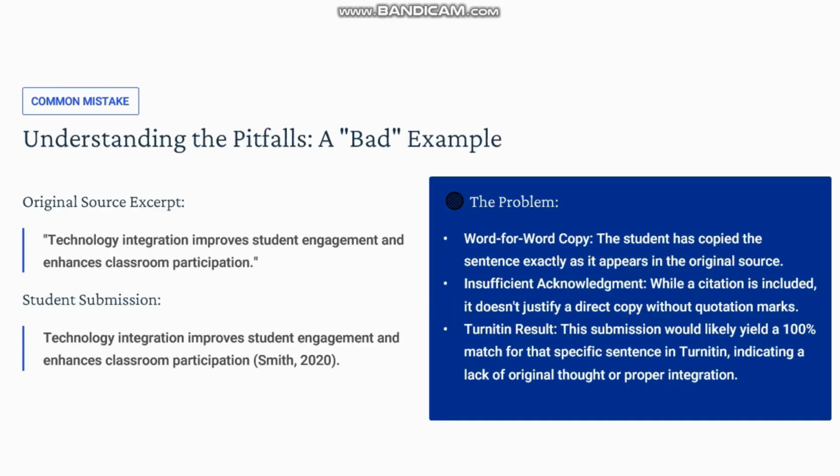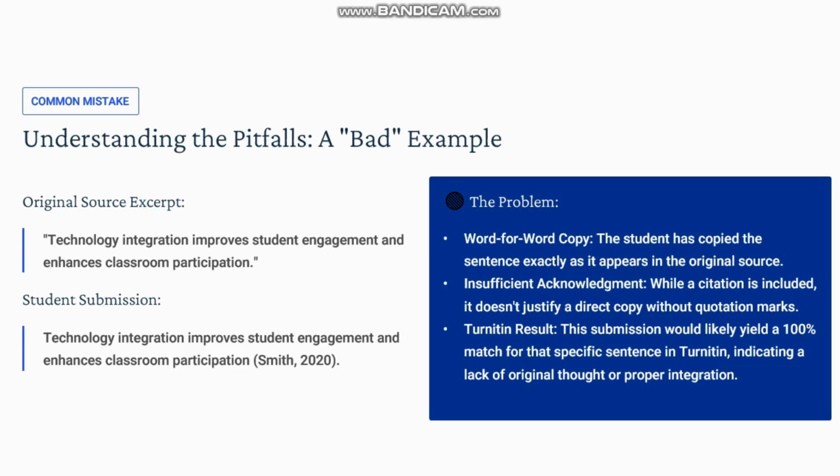All right. So, how to reduce your similarity index. For example, if you're writing a paper and you want to copy something from another paper into your work, what many students do is copy the words exactly as they appear in the original source. That is one.